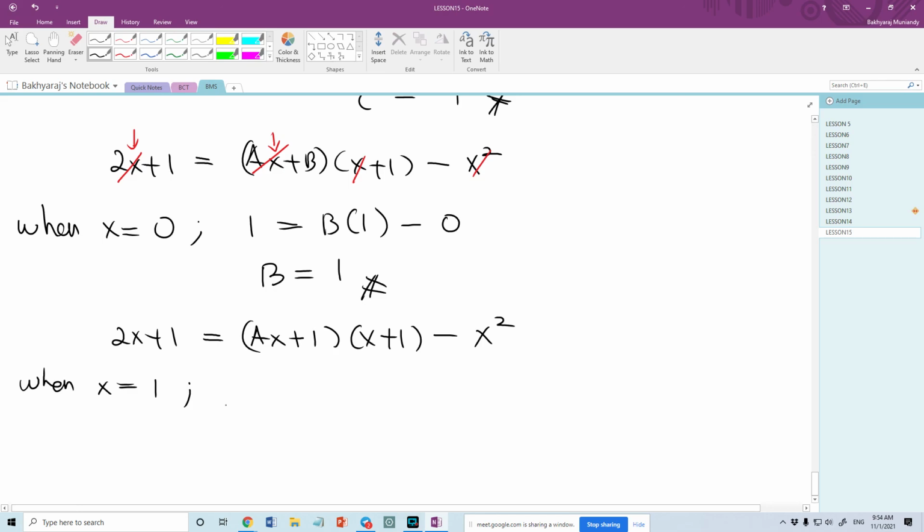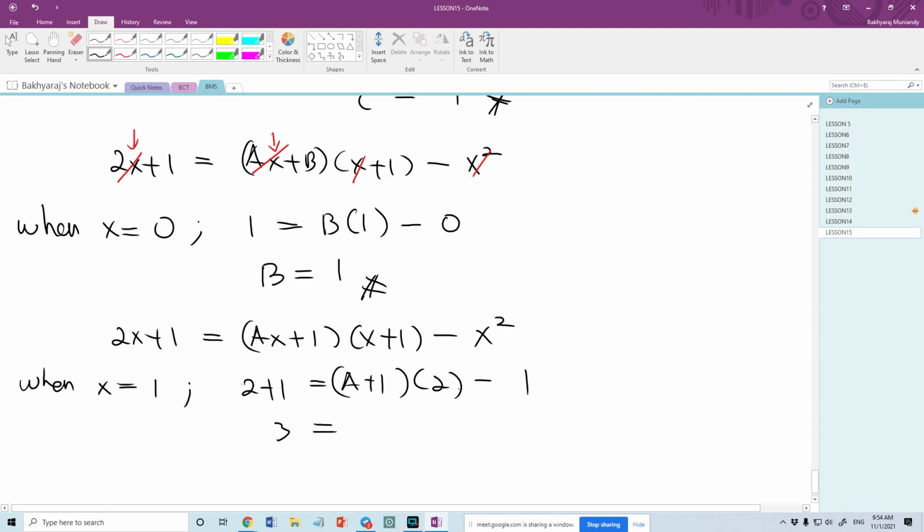Okay, so bila ganti 1, dia akan jadi 2 tambah 1 sama dengan a tambah 1. Lepas itu 1 tambah 1 jadi 2 tolak 1. Oh ya, correct. I made an error here. Okay, so ini jadi 3.